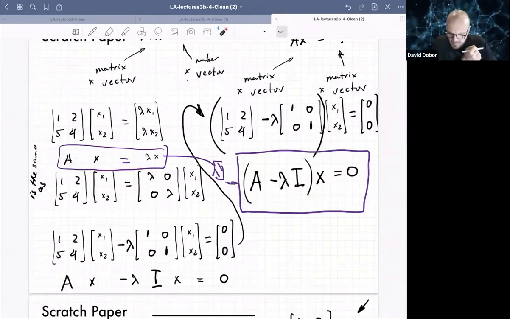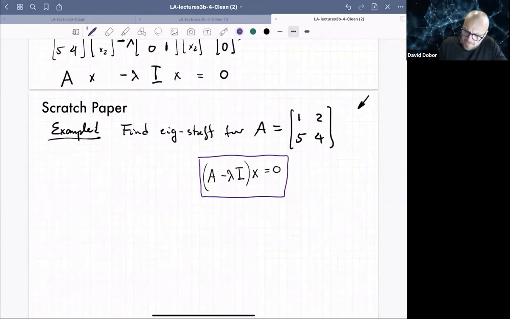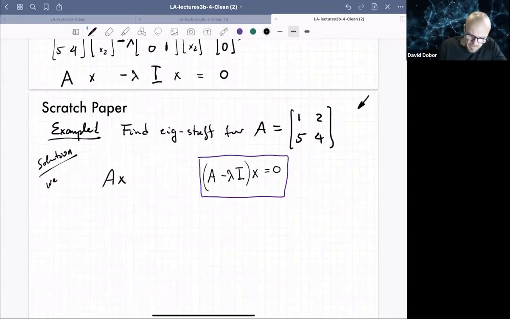Make sense? Okay, so in this particular example, we want to find the eigenstuff for that. Solution. We need to solve Ax equals lambda x for lambda and x.